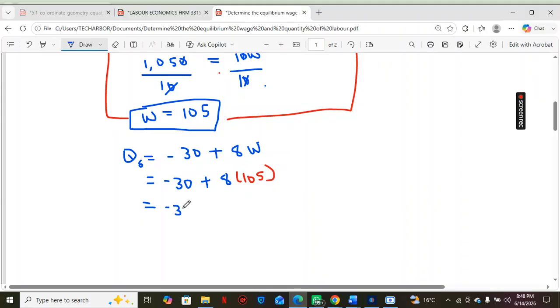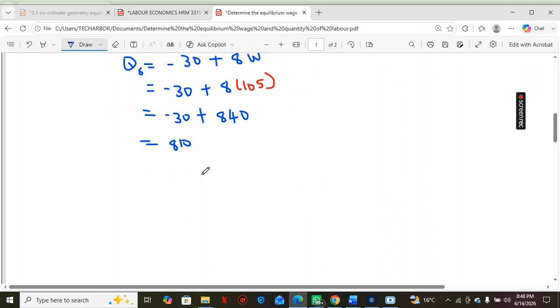So negative 30 plus 105 times 8, which is 840. Negative 30 plus 840 is 810. So this is how many workers are in that market.